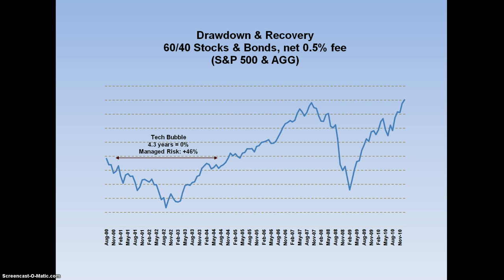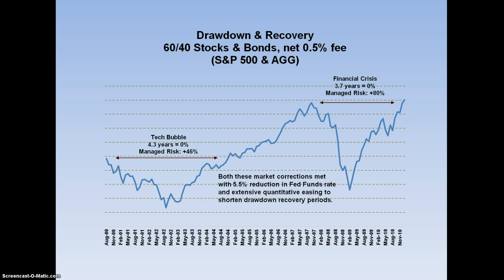During the bursting of the tech bubble, you would have been in drawdown and recovery for 4.3 years, whereas the absolute return strategy, such as the one that I'm running, would have had a return of 46% during that period. In the financial crisis, you would have been in drawdown and recovery for 3.7 years, whereas the absolute return approach, such as the one that I'm running, would have gained 80%.